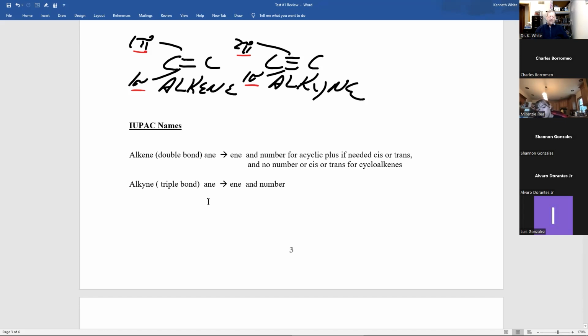Find the longest chain with both carbons of the triple bond, and this should be YNE. Drop the ANE, put YNE, and you need a number. The number is which carbon of the triple bond, same thing with a double bond when you need a number, is closest to the end of the chain.